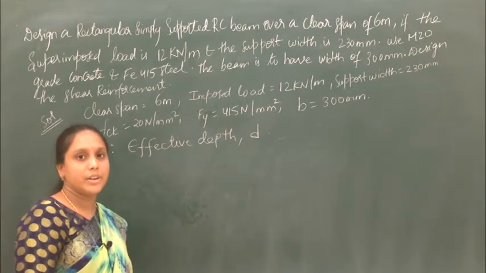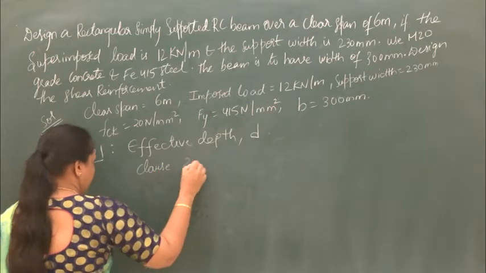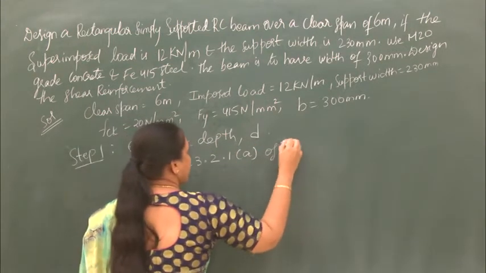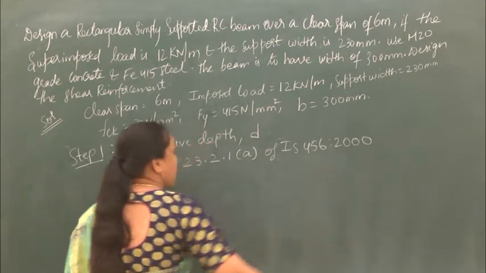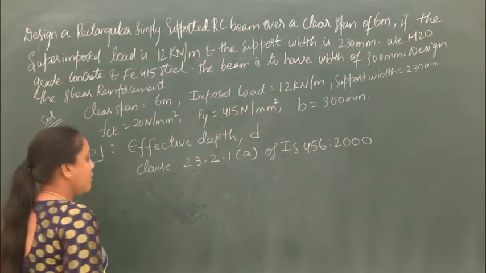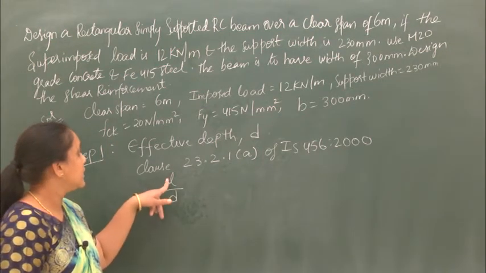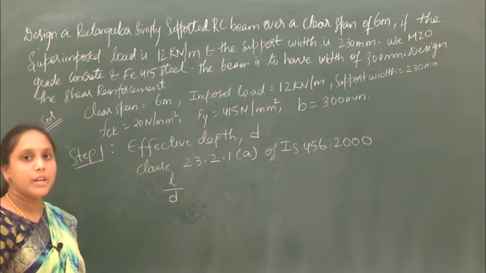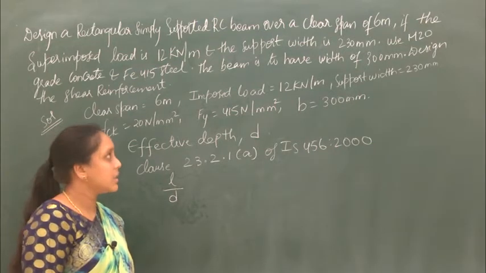So how we have to calculate the effective depth D? In clause 23.2.1a of IS 456:2000, the ratios of L by D, that is the clear span by effective depth ratios, are given for different beams, that is for different types of supports.